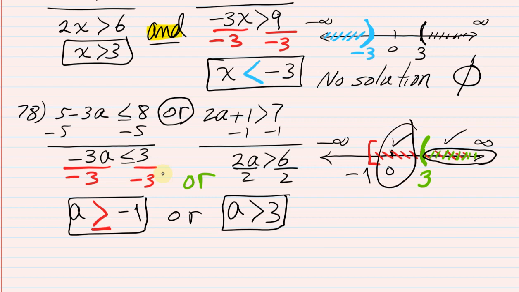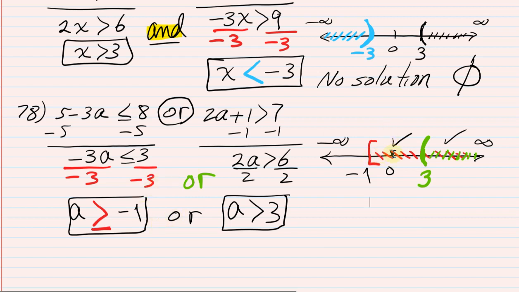This part is only in the first inequality. But for the disjunction, it doesn't care. It doesn't matter. As long as you have a shaded segment, that's all you need for disjunctions. You just need a shaded region or two. So I have a check mark on both of these. So the solution is actually going to be everything from negative 1, right?